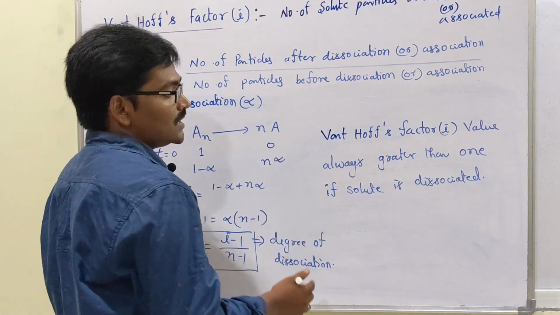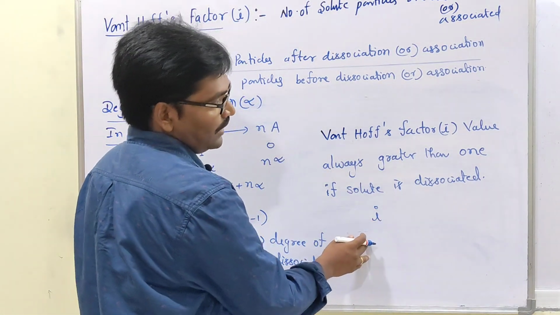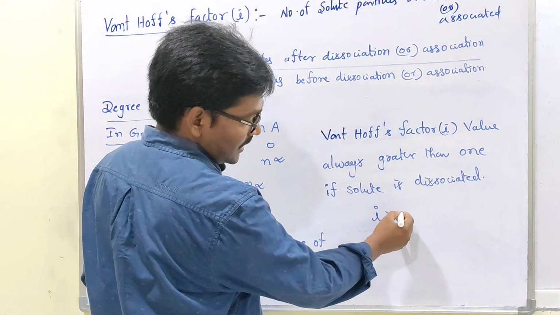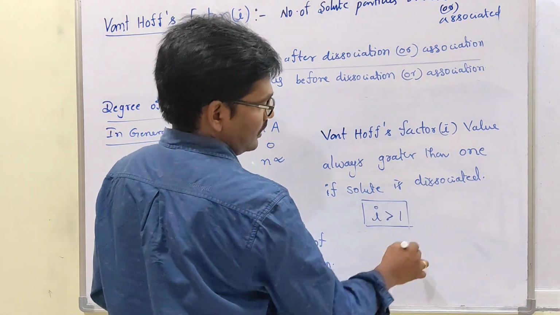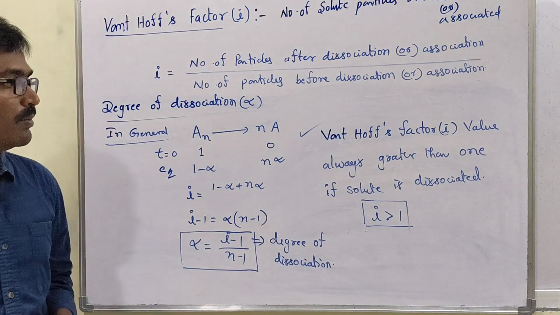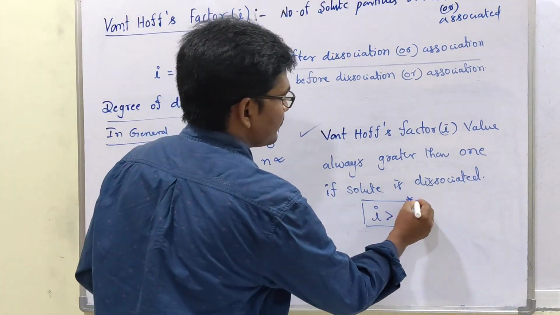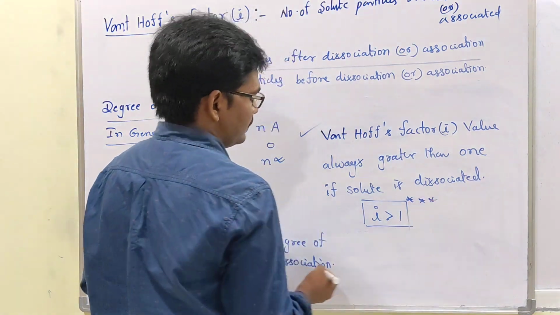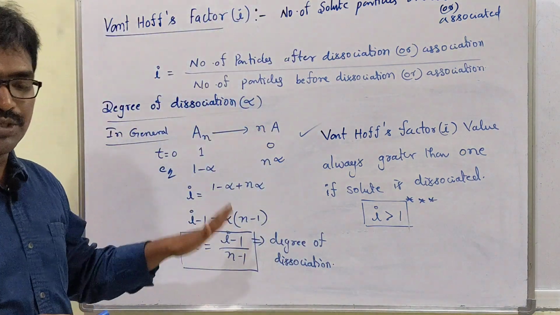So when dissociation happens, the Van't Hoff factor i value is greater than 1 for the dissociated particles. You have to remember, it's very, very important. So this is for the degree of dissociation.